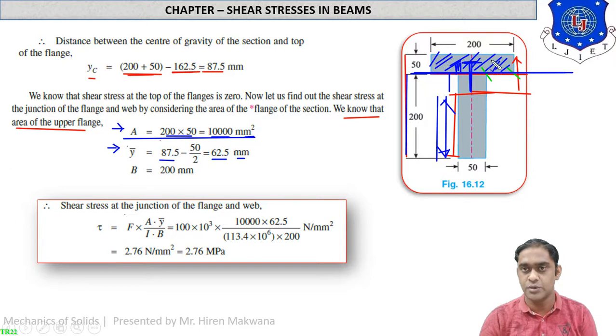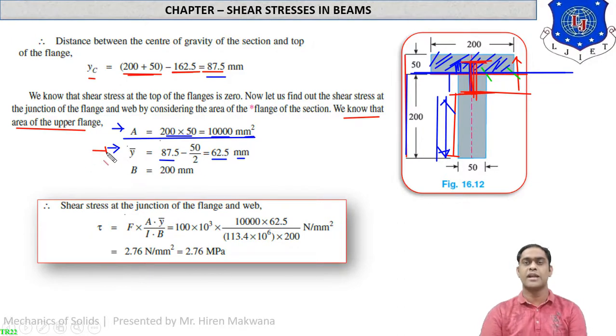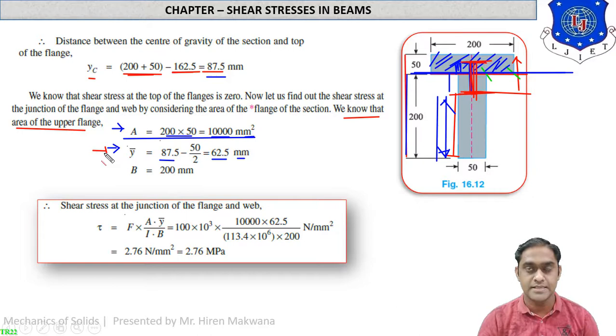You can start from the upward side, from YC, or from the bottom also. Anyhow, you have to find the distance between this center of gravity and the main center of gravity of the T section. In between these 2 points, this distance is known as Y bar. Hope you are getting this very clearly. This is very complicated, so just repeat my words from the video and calculate the Y bar.